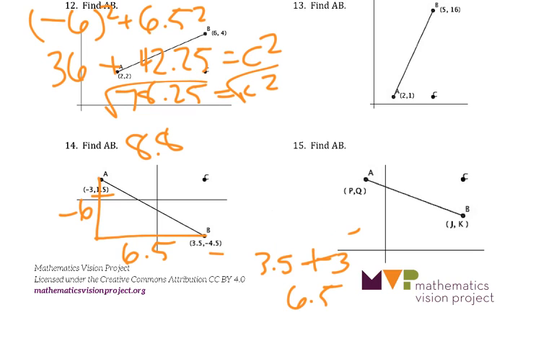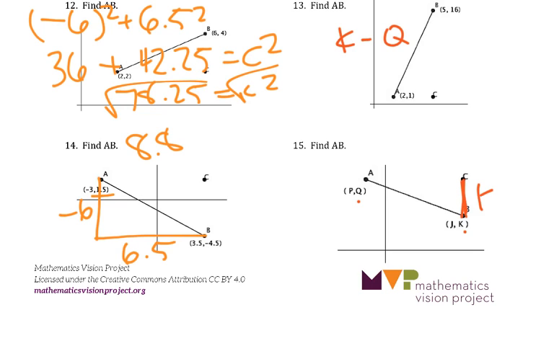Okay, and finally the last one. Find AB. So it'd be K minus Q. Well, yeah, we could do it that way.